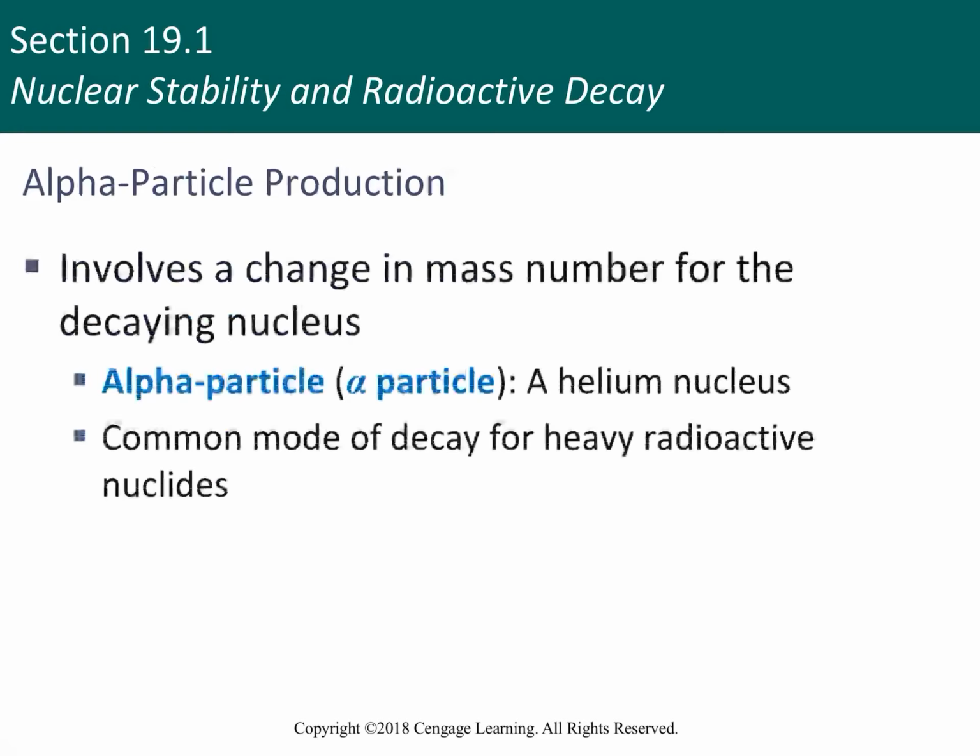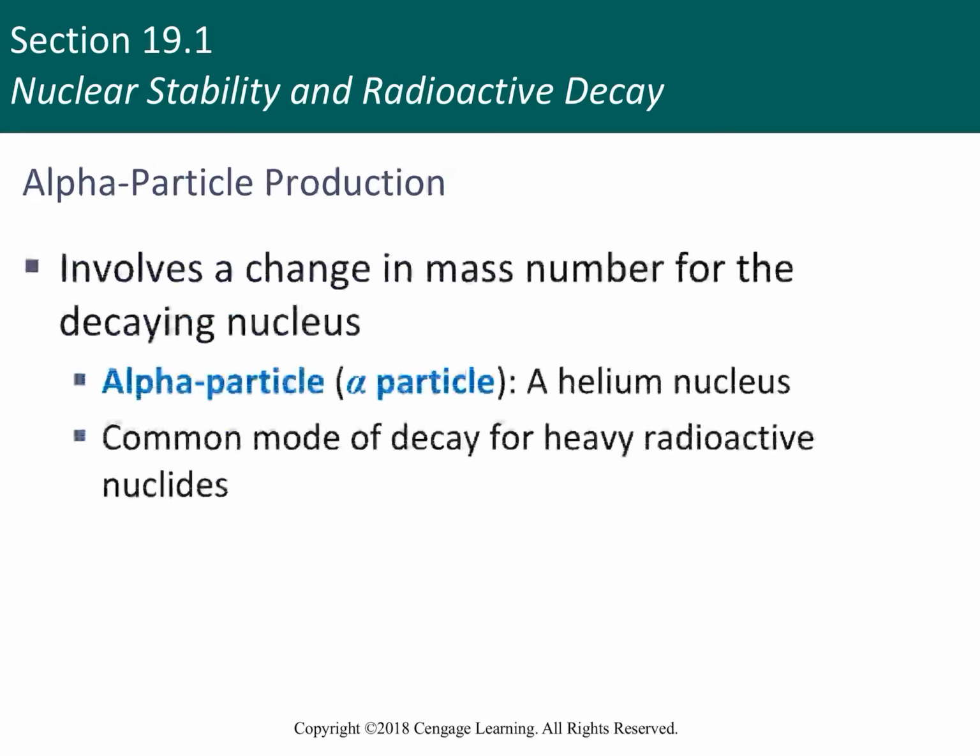What is alpha particle production? Radioactive nuclei can undergo decomposition in various ways. These decay processes fall into two categories: those that involve a change in the mass number of the decaying nucleus and those that do not.